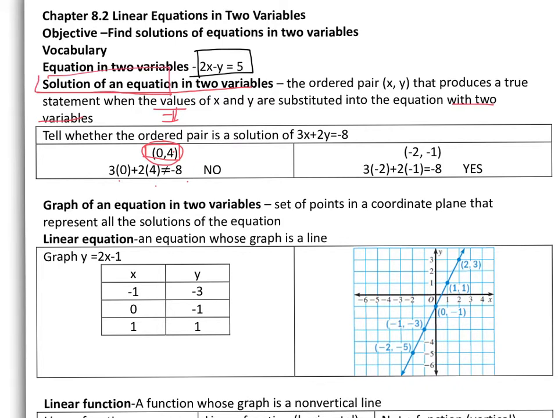Okay, and if I give you (negative 2, negative 1), and you sub negative 2 for x, negative 1 for y, then 3 times negative 2 equals negative 6, plus 2 times negative 1, which equals negative 2, equals negative 8, then yes, (negative 2, negative 1) is a solution of the equation.